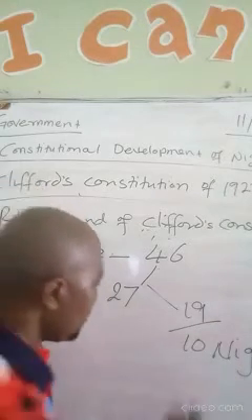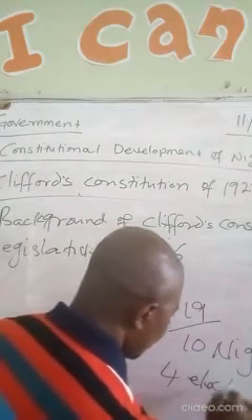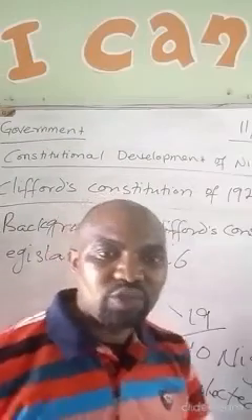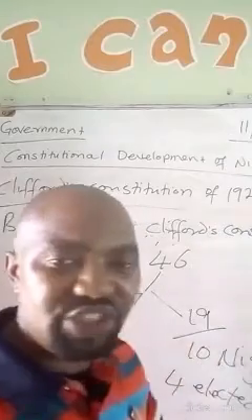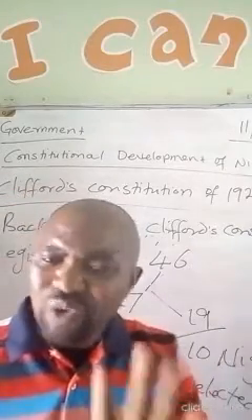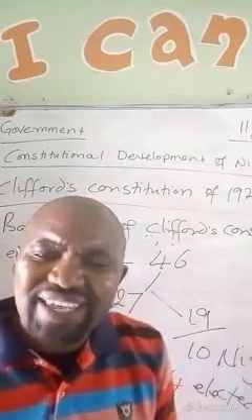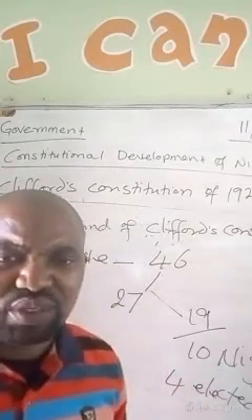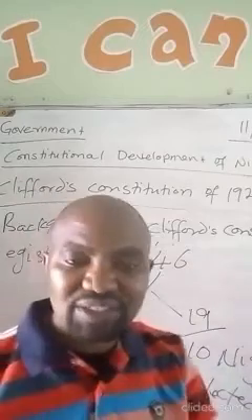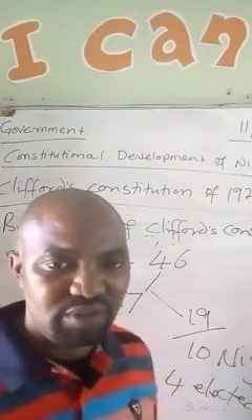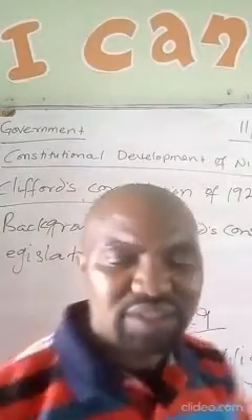Now, of these 10 Nigerians, 4 were elected. 4 contested election, and they were elected into the Legislative Council. Now, of these 4 that were elected, 3 represented Lagos and 1 from Calabar, and the remaining 6 were appointed by the Governor General. So this was the nature of the Clifford Constitution.